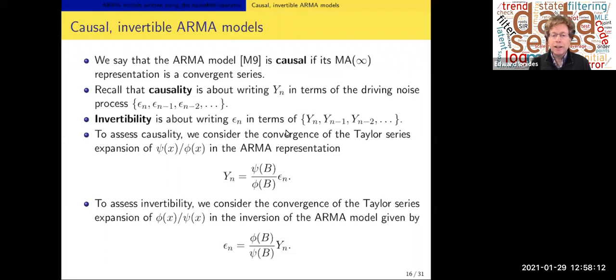To look at invertibility, you just have to do essentially the same thing, but the other way around. Epsilon_n is phi of b over psi of b y_n, and so you're doing the Taylor series expansion, but on the inverse, the ratio the other way around. Okay, so at least in principle, we know how to check for causal and invertible properties of ARMA models based on Taylor series expansions.